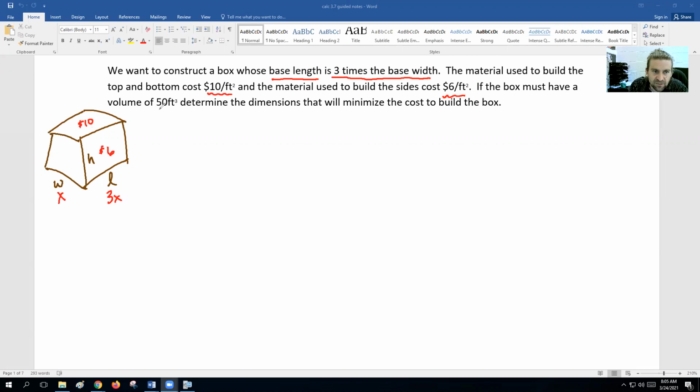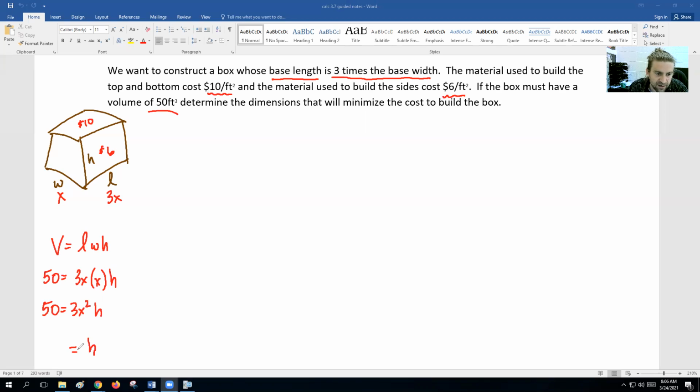And what else? Well, the volume has to be 50 cubic feet. All right, so volume, which is typically length times width times height, we now know, okay, so that's got to be 50 equals, the length is 3x, the width is x, and we don't know the height. But we can say, okay, well, 50 would have to equal 3x squared times h.